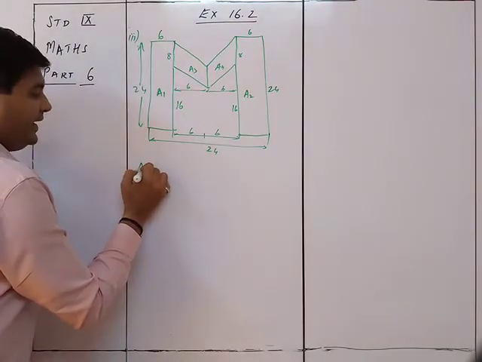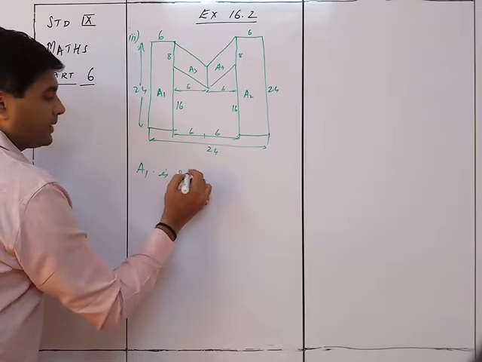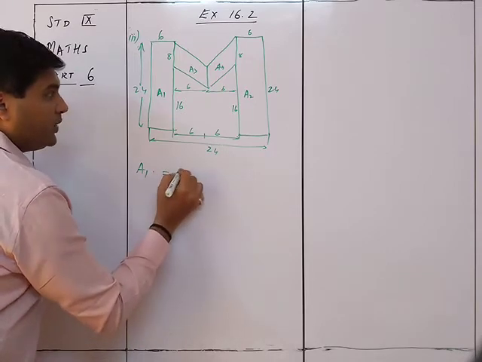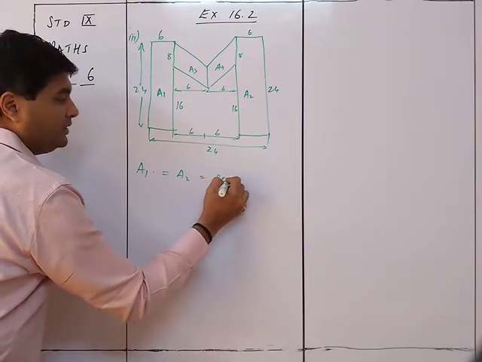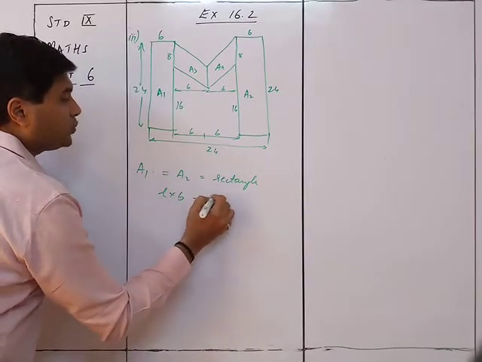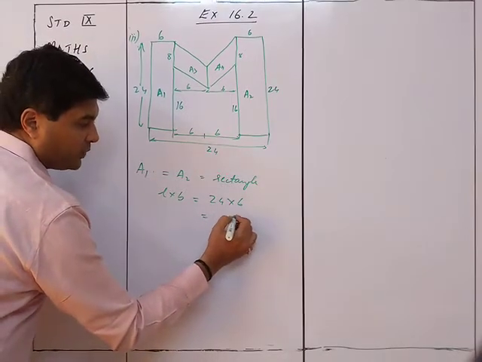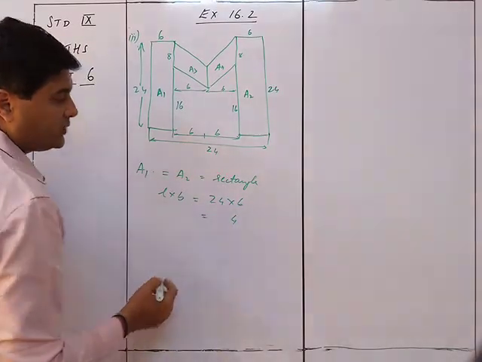So we can see A1 is a rectangle, A1 is equal to A2, both rectangles. So length into breadth is equal to 24 into 6. 6 4s are 24 and 6 2s are 12, so 144.